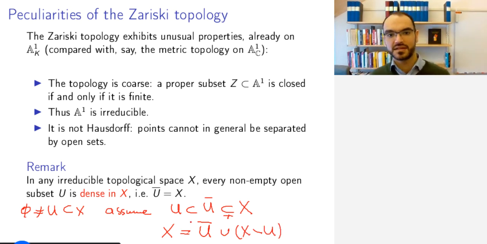They will intersect at the points that are in the closure but not in U. And so you have written X as the union of two closed proper subsets, and therefore it cannot be irreducible.